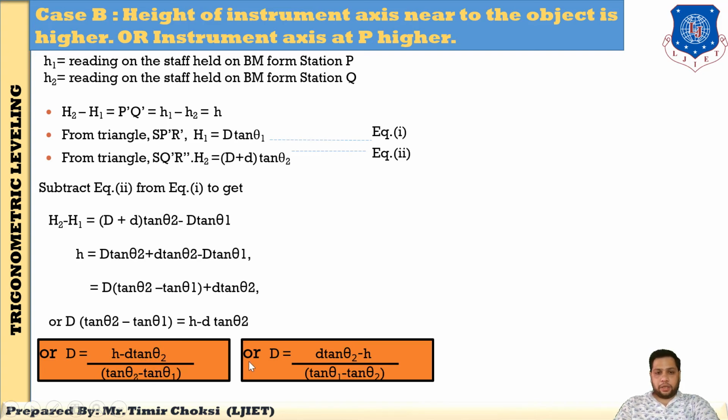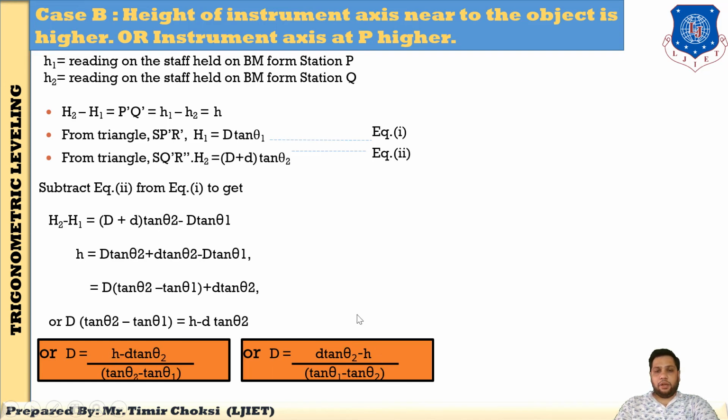But you can also write this equation. You take the h to this side, so d tan theta 2 minus h divided by tan theta 1 minus tan theta 2. Here it was tan theta 2 minus tan theta 1, but now it is tan theta 1 minus tan theta 2. Why? Because I have taken the h to this side.